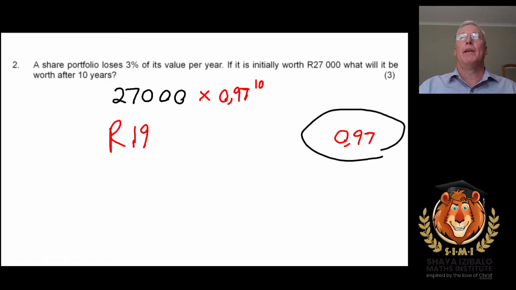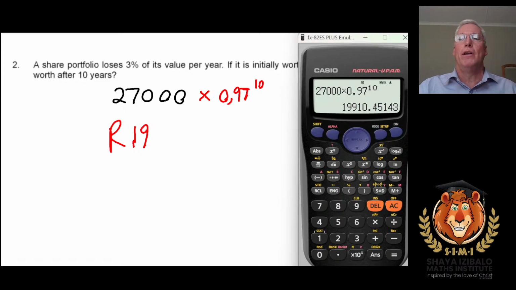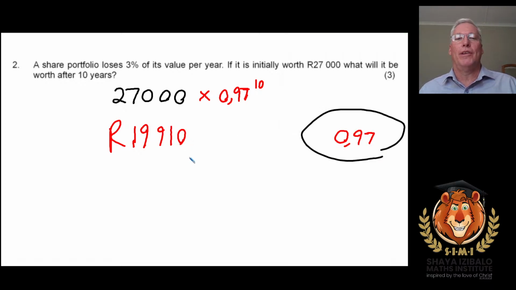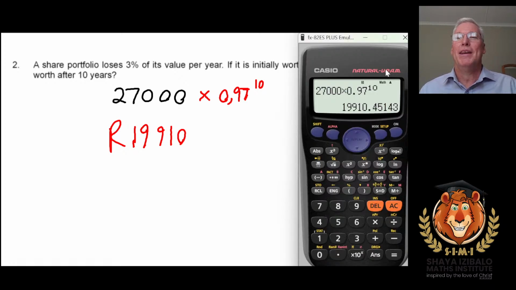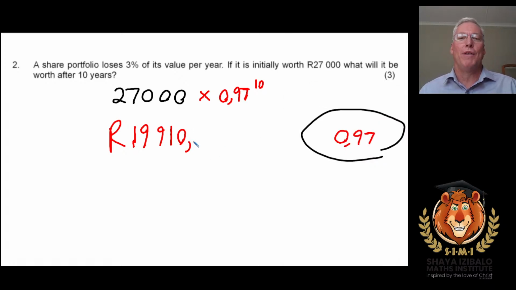All right, the correct one is 0,97. With 0,03, we'd be taking 97% off because we'd only be having our 3%. Right, so 19,910.45. In financial maths, we always round to the nearest cent.